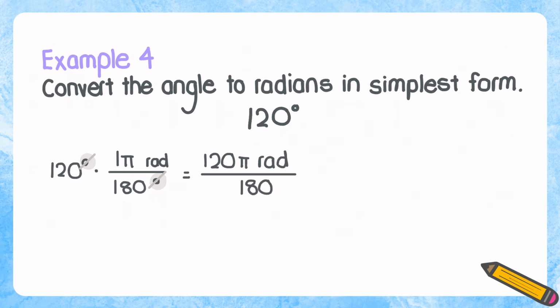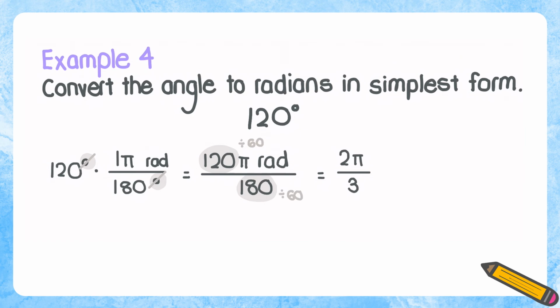180. The greatest common factor of 120 and 180 is 60. So we're going to divide both the numerator and denominator by 60. Again, don't worry if you can't find the GCF right away. This simplifies to 2 pi radians over 3.